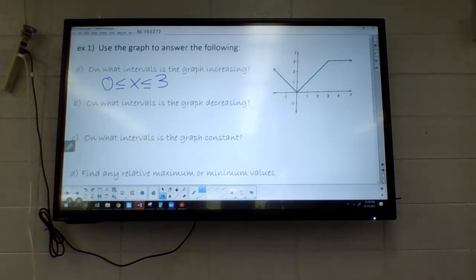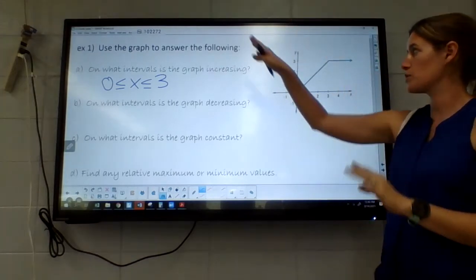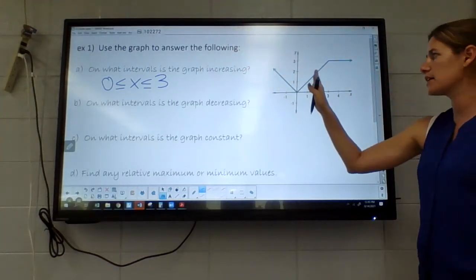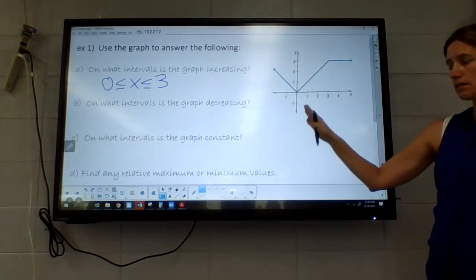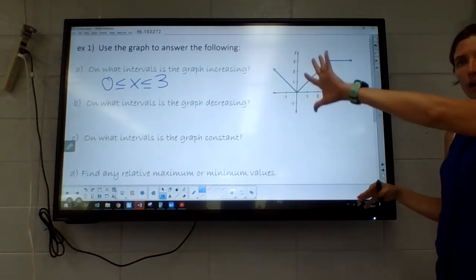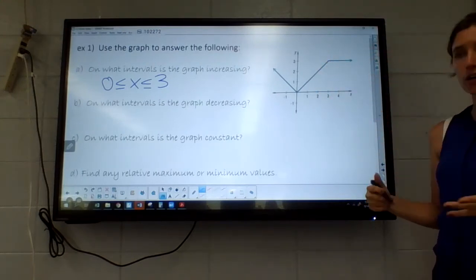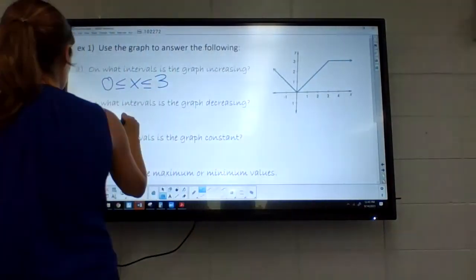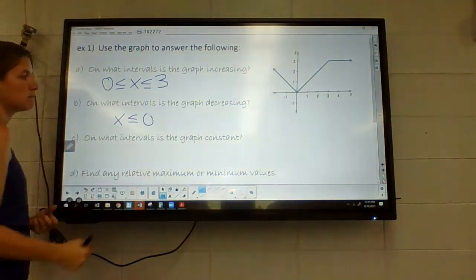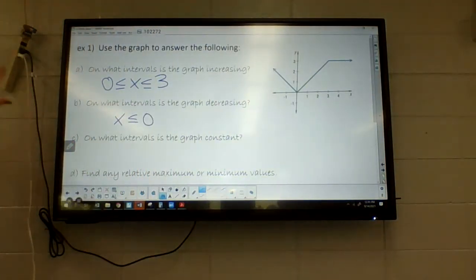There's no end to where it starts, so it's decreasing all the way coming in until it hits 0. So everything smaller than 0, it's decreasing across that whole thing. So we'd say x is less than or equal to 0. Anytime x is on that side of 0, we're assuming it's going downhill.